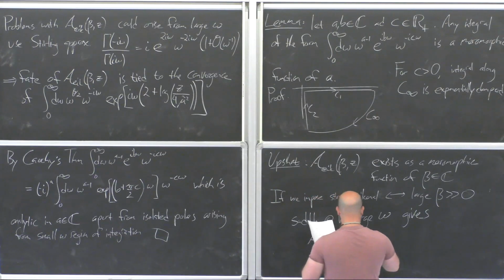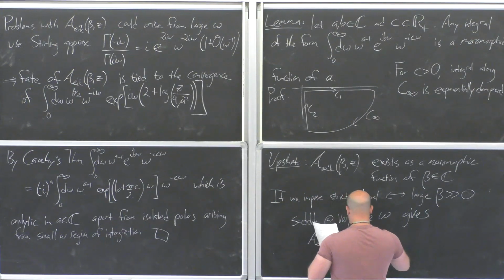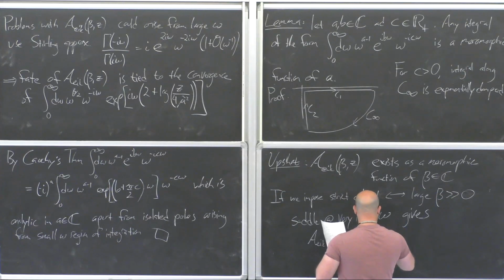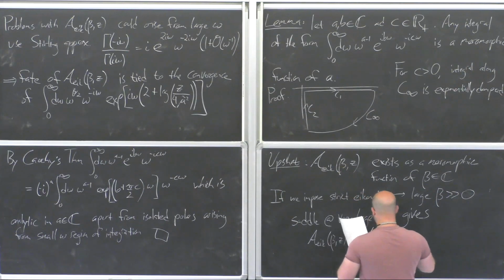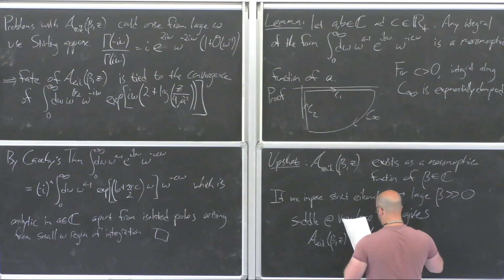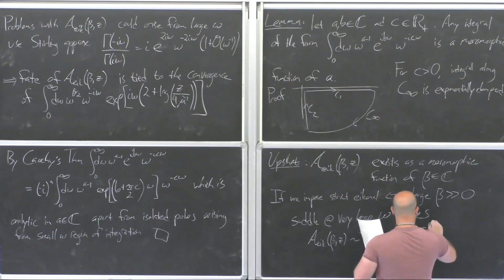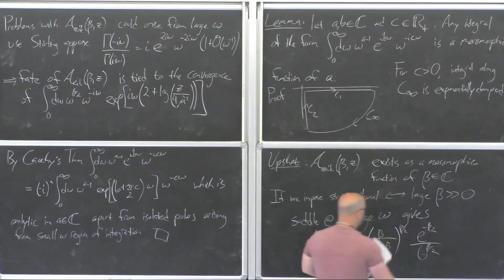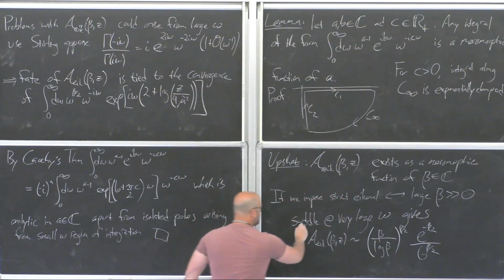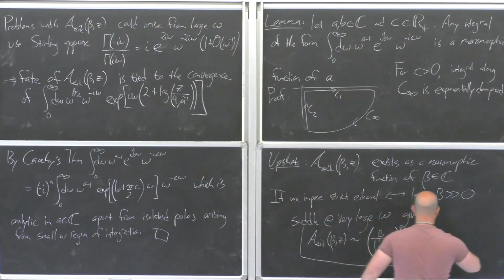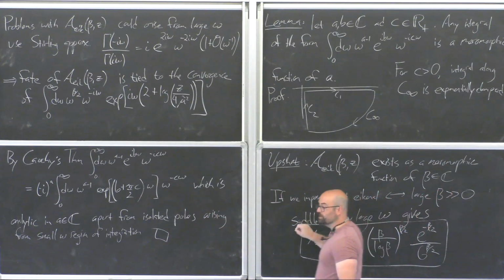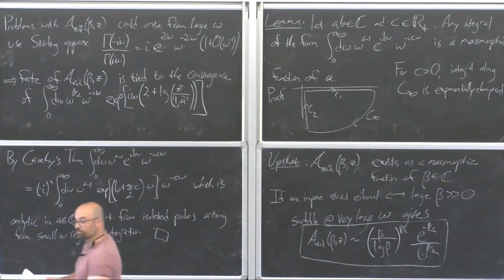Let me ignore overall factors. In some sense, this really is what you should consider the eikonal celestial amplitude, because it's a thing that's consistent with both the limits that define the eikonal regime.